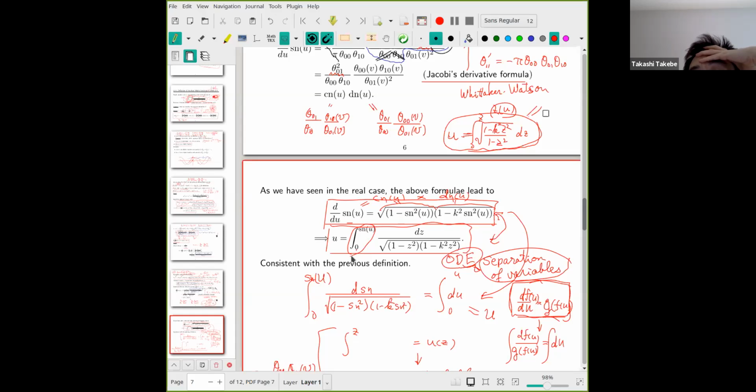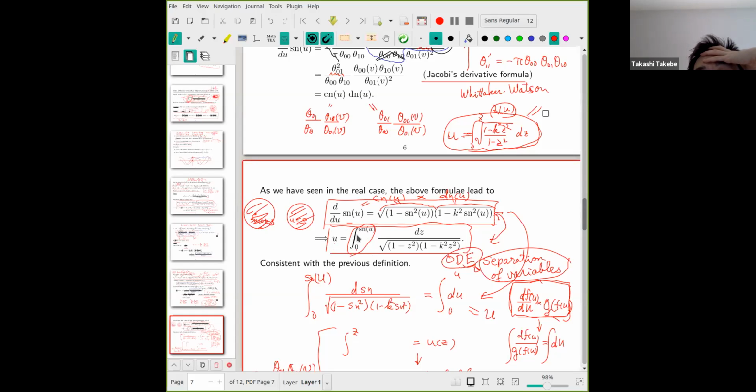So first, we'd better consider only small neighborhoods of 0.